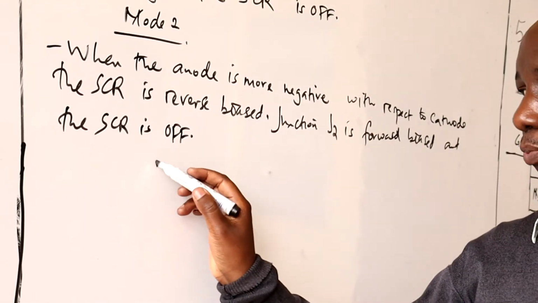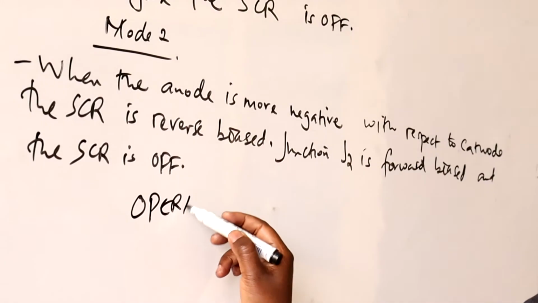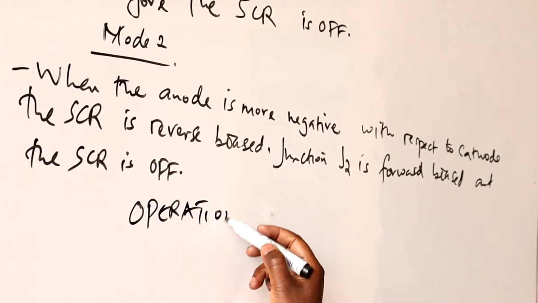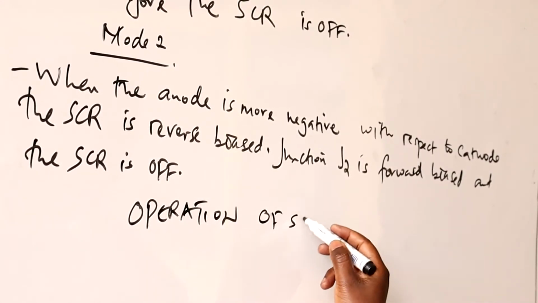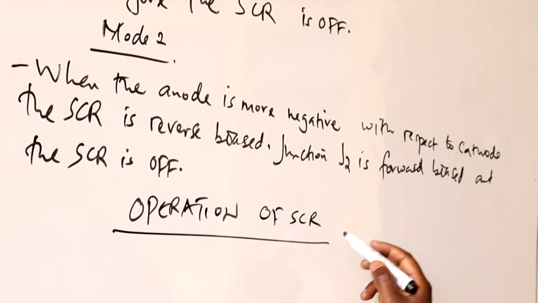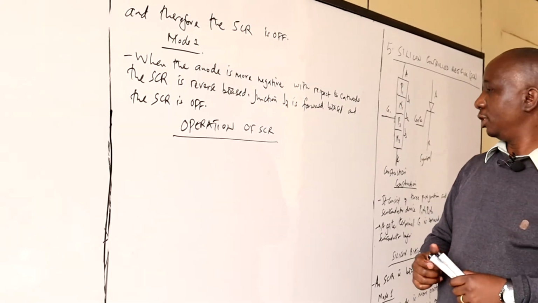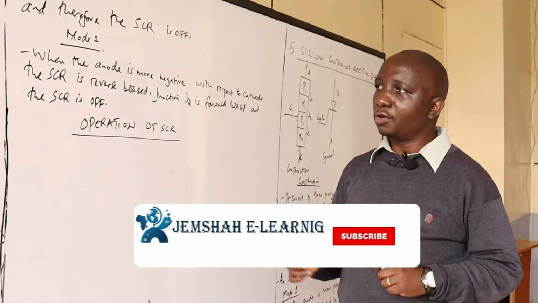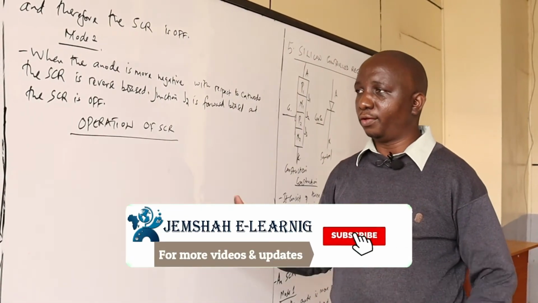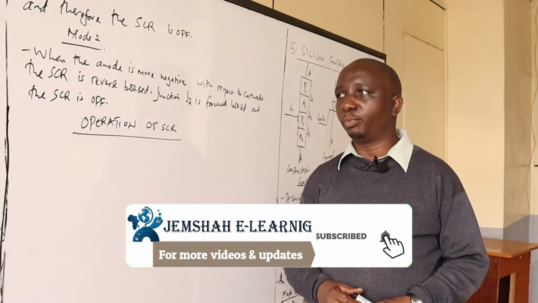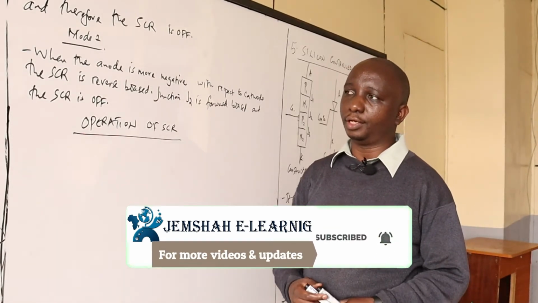Then we talk of the operation of SCR. So we are realizing that anytime you apply the voltage in all these situations, the SCR is off. Then how do you operate the SCR?